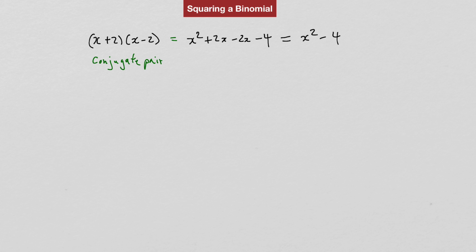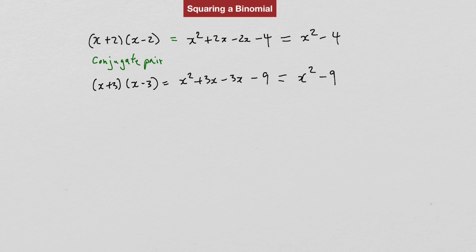Hopefully you're starting to see a pattern, but let's just do one more. x plus 3 times x minus 3. That is equal to x squared plus 3x minus 3x minus 9. And that simplifies to x squared minus 9. Do you see a pattern here?